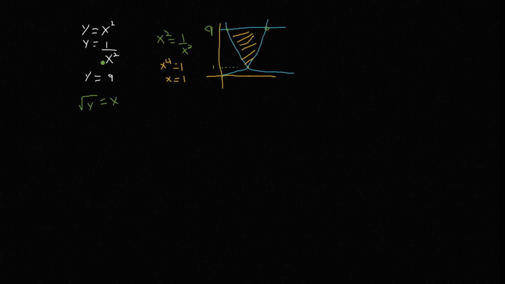And moving the x squared over here, and then dividing both sides by y, and then taking the square root of both sides, the other one is 1 over the square root of y is equal to x.